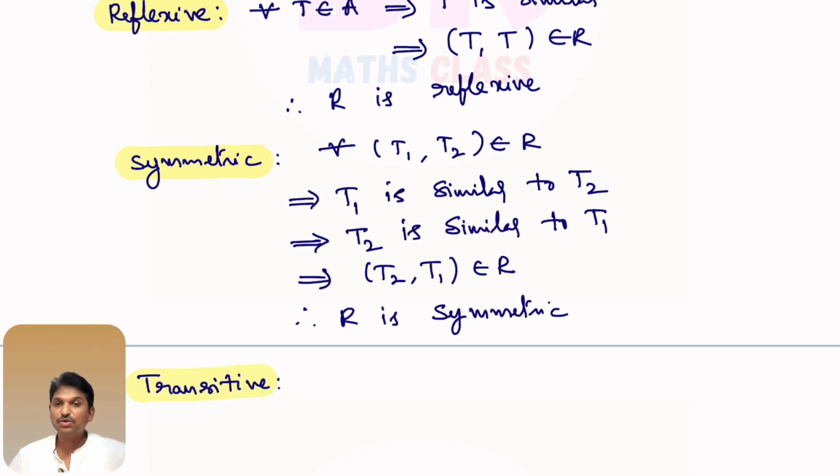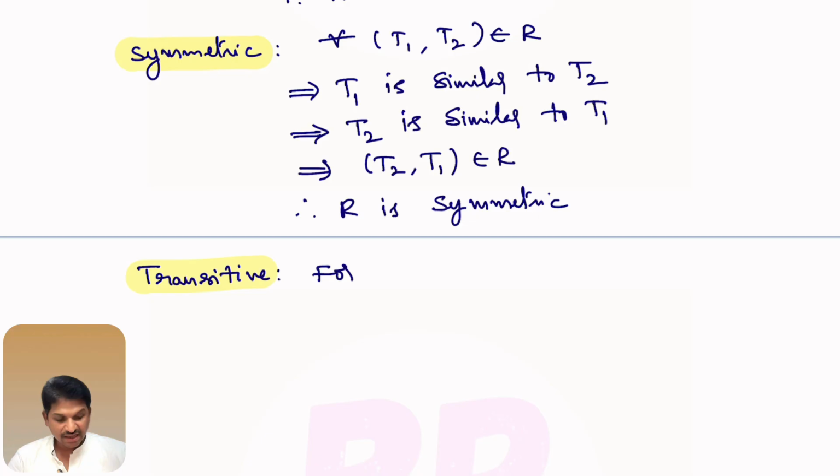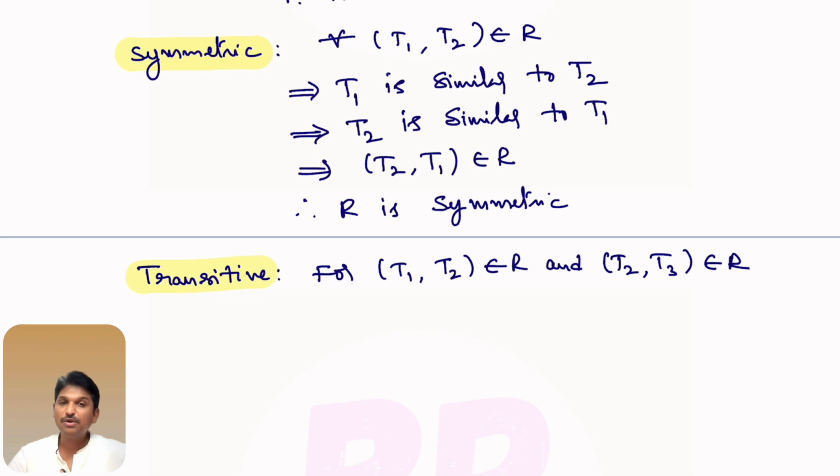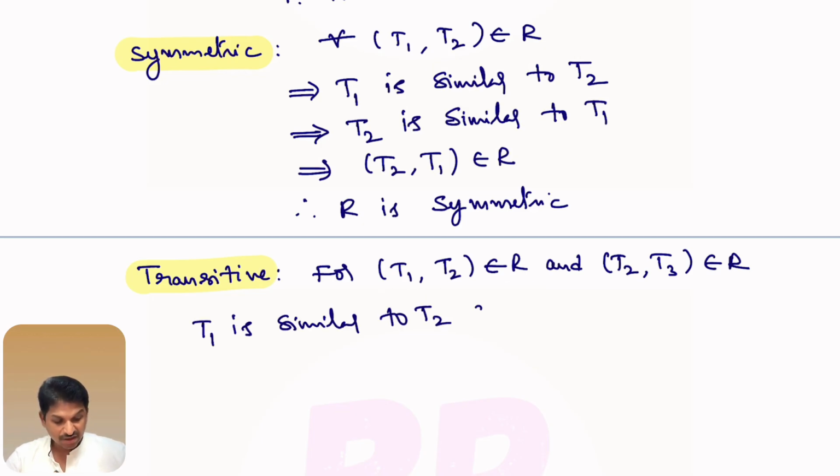Next, transitive relation. What I'll do, I'll take ordered pairs (T1, T2) belongs to R and (T2, T3) belongs to R. Now I need to check (T1, T3) belongs to R or not. As (T1, T2) belongs to R, I can write that T1 is similar to T2 and T2 is similar to T3.